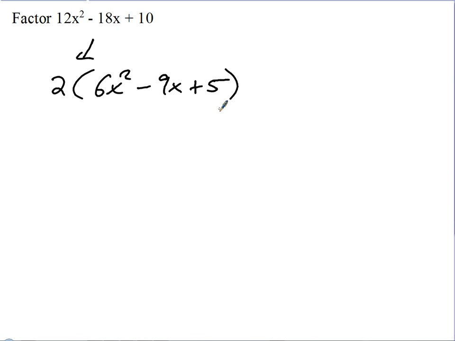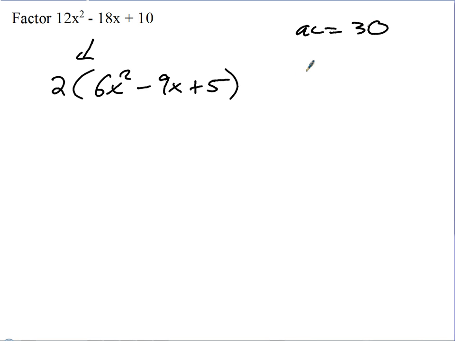Now look at this. We still are stuck with a times c then split b, but instead of dealing with an a times c of 120, now we just get 30. Much easier, right? So if ac equals 30, can you find 2 numbers that multiply to positive 30 and add to negative 9? What would the signs be? They're both negative, right?